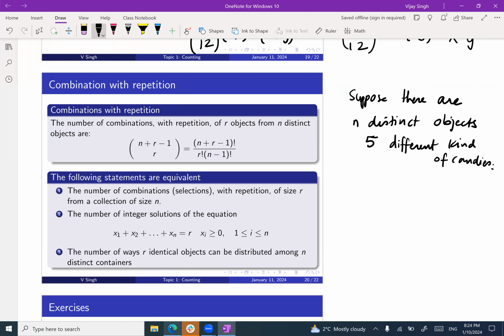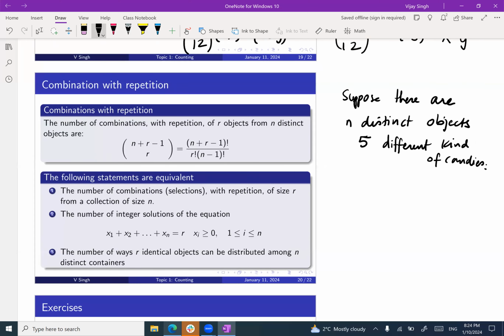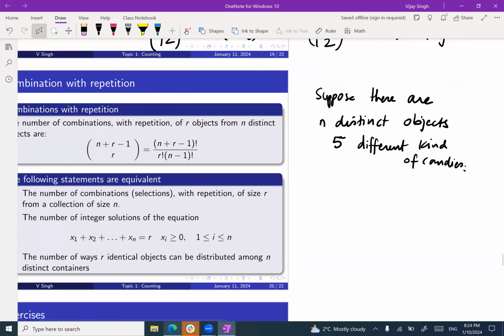Let's take an example. Suppose there are 5 different kinds of candies. Distinct means what? They are distinct objects, right? So there are 5 distinct candies.